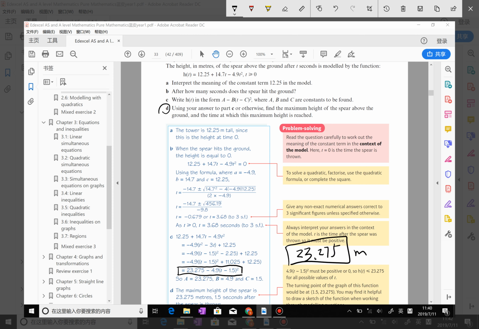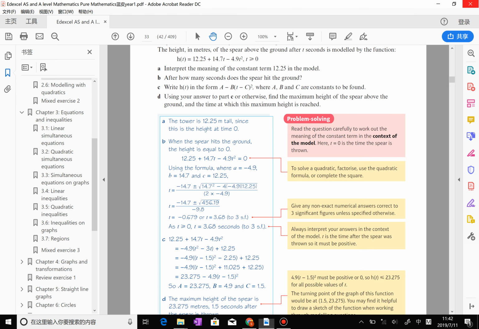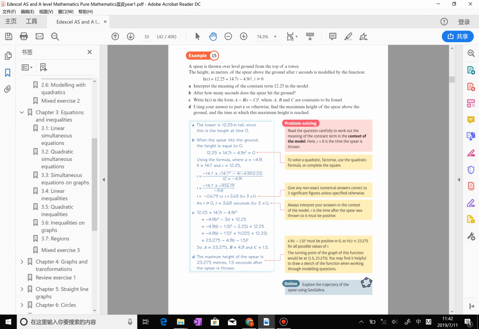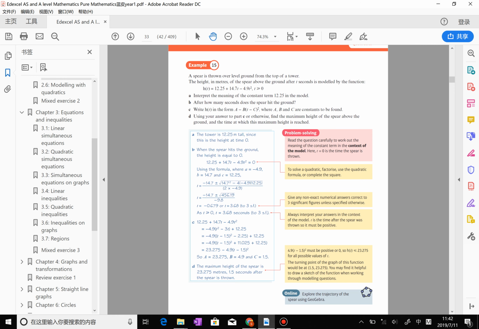We can set t equals 1.5, and so we have the maximum height. This example gives us a great demonstration of how to use a quadratic equation to model something, and how we could use the quadratic equation model to solve real problems.